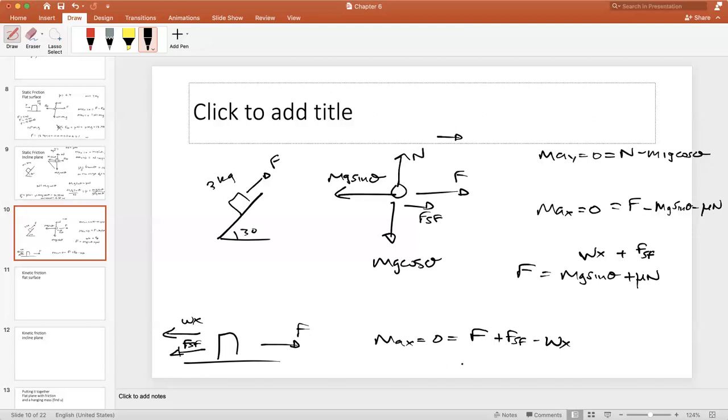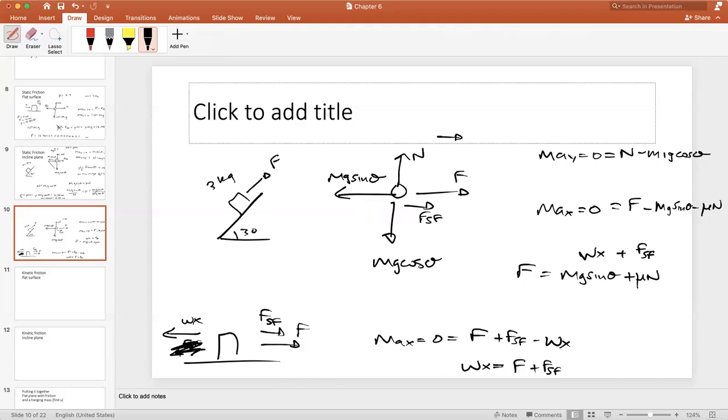And what I would see is that my weight in x had to be equal to the force plus the force of static friction. Basically, as it tries to slide this way, the force of static friction and the force that I'm pushing are stopping it from moving. That's a contradiction. They can't both be right. One of them has to be true. And that's a problem that you run into.